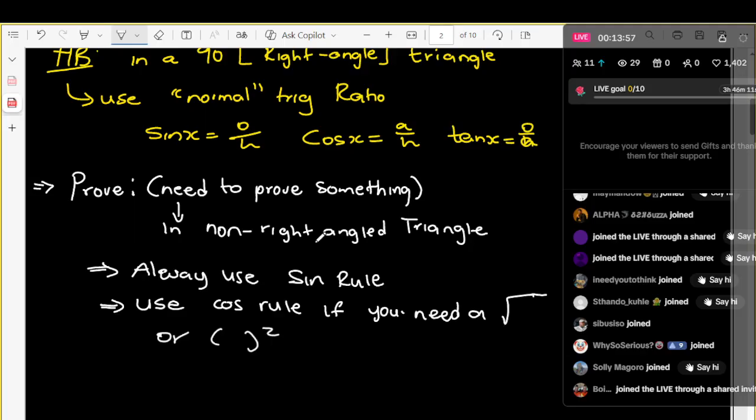Let's say that I have a non-right triangle like this. Let's say this is my triangle here.